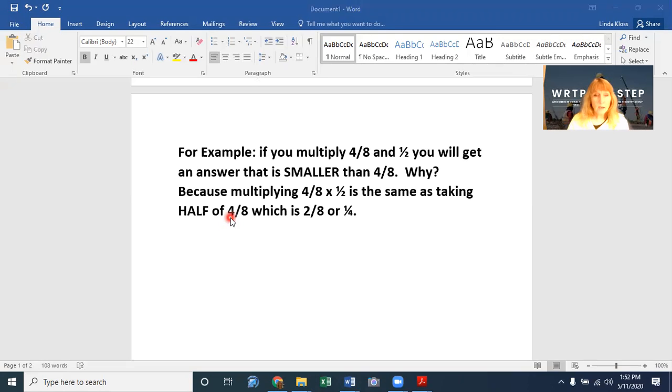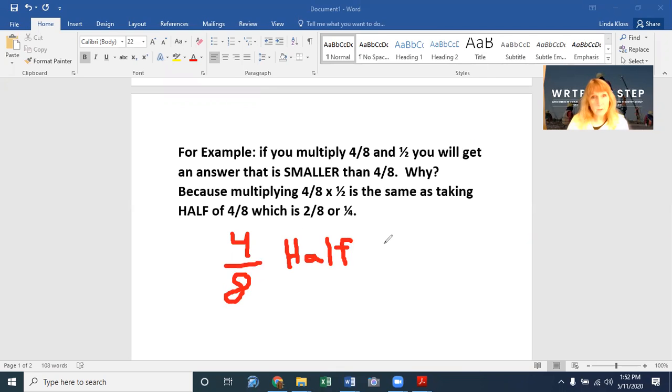Why is that? Because if you're multiplying 4/8 times 1/2, that's the same as saying I want to take half of 4/8. So what's half of 4/8? It's half of that, so that would be 2/8, right?